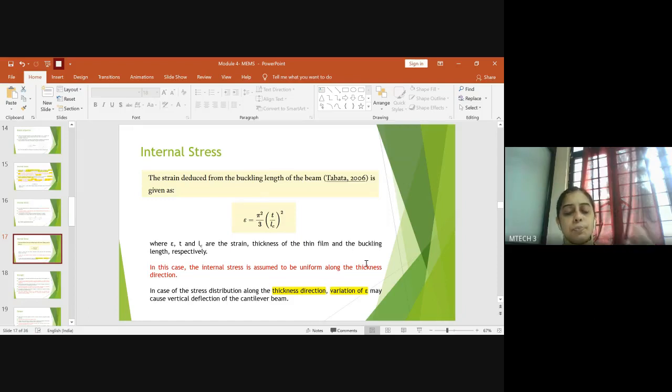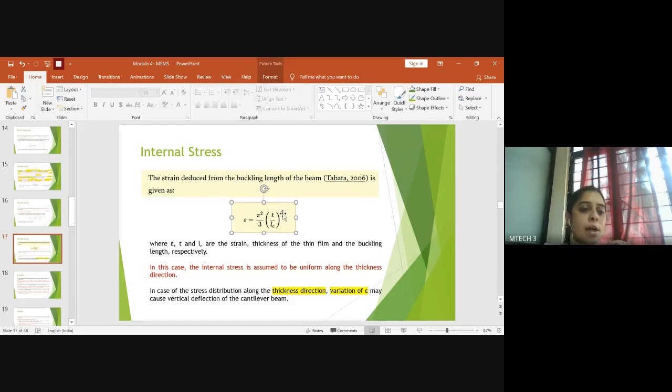So he played with the parameters of stress, strain, and thickness of the MEMS device to see how the stress distribution and the strain distribution vary. All these things are essential to be evaluated as internal stress parameters, and hence this data was compared with the experimental approach once this equation was derived.